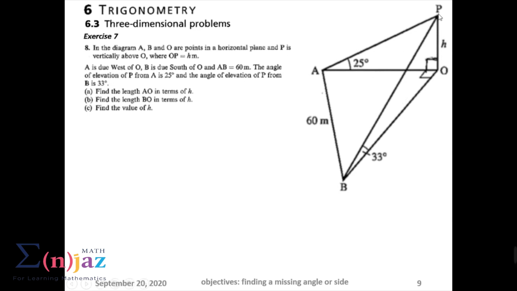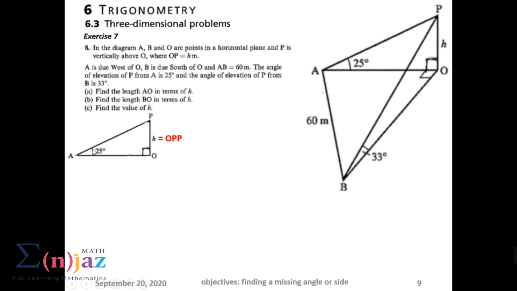Accordingly, we're going to choose triangle POA or triangle AOP. So we can name it POA or AOP, and we're going to draw a little sketch for it. Now, the given angle is 25 degrees.